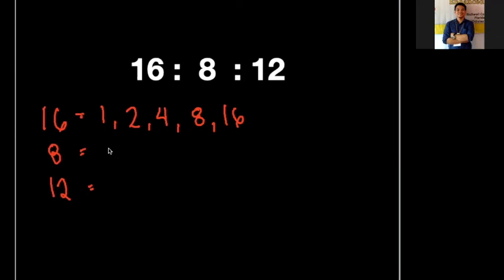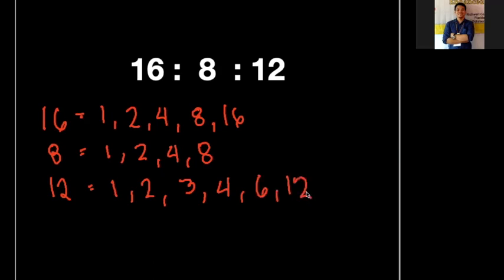For 8, 8 can be divided by 1, by 2, by 4, and by itself 8. 12 can be divided by 1, 2, 3, 4, 6, and 12.